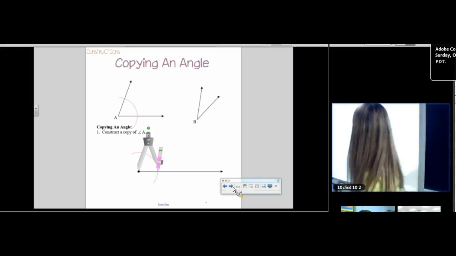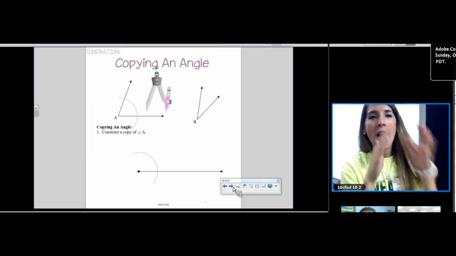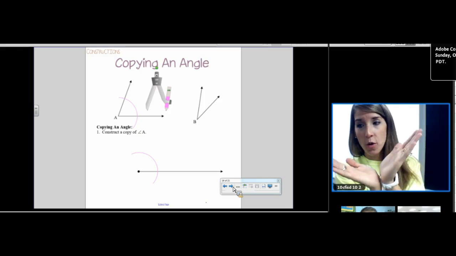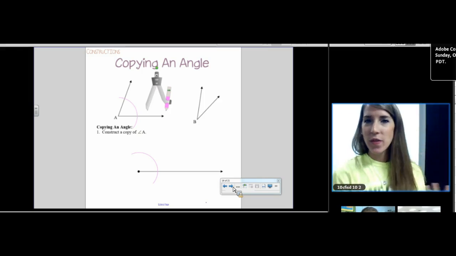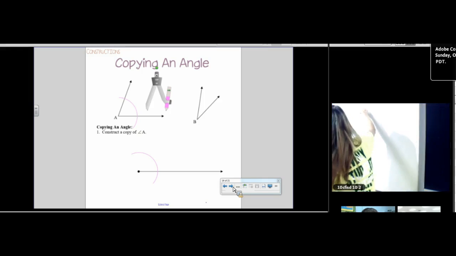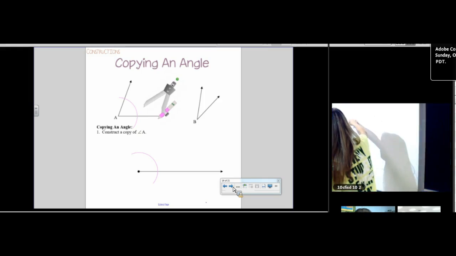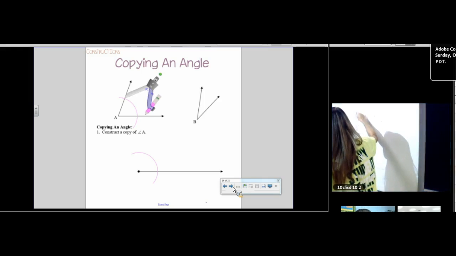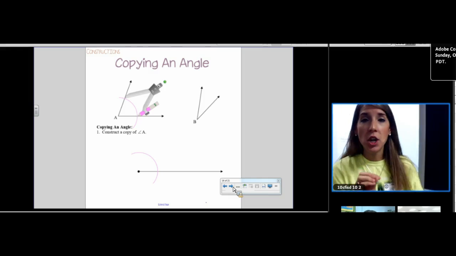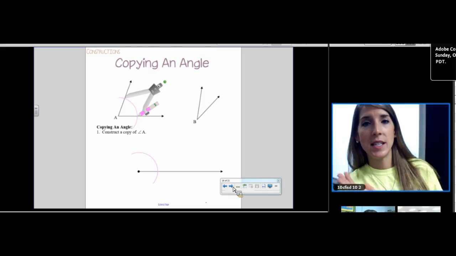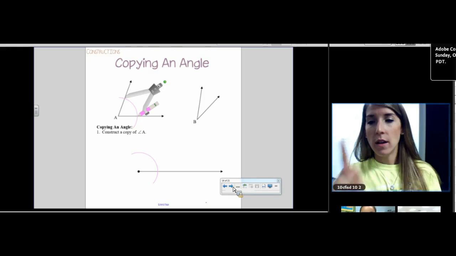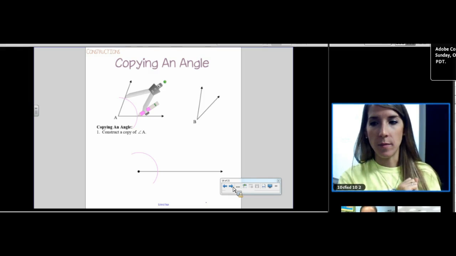Okay. Step two, this is how you're going to tell how big your angle actually opens. You're kind of measuring it with a compass, although you don't call it measuring. So the next thing you're going to do is put your needle and your pencil in the two places where the arc hit the angle. Needle in one spot, pencil in the other.